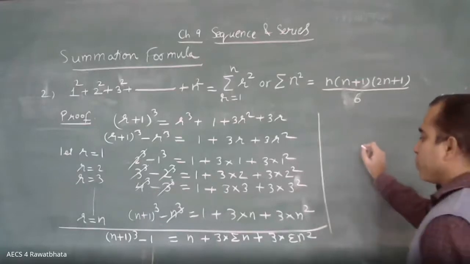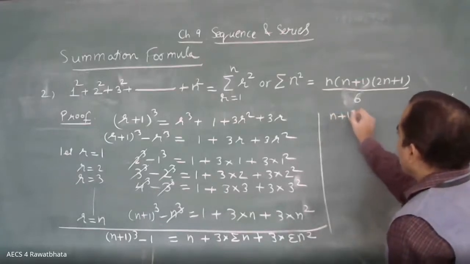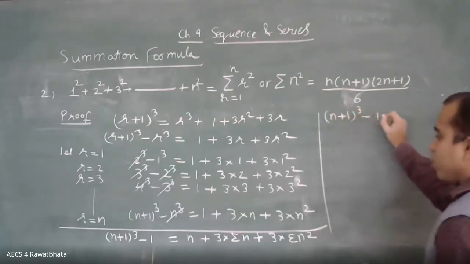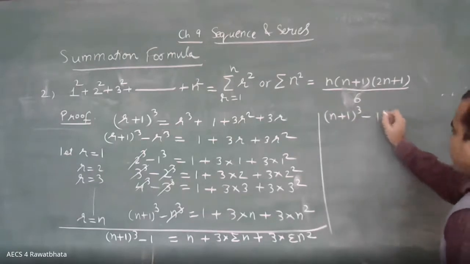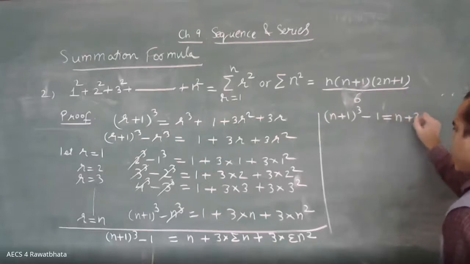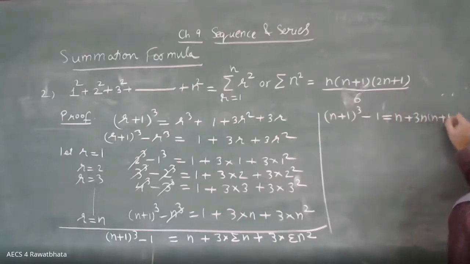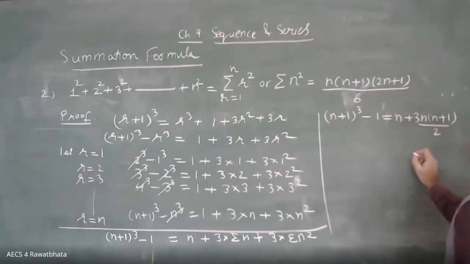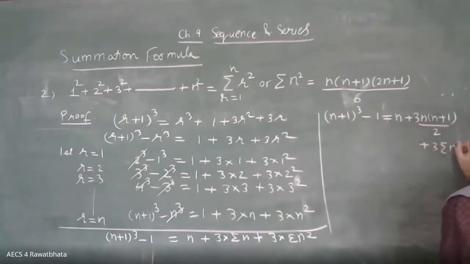This will become n plus 1 whole cube minus 1 equals n plus 3n into n plus 1 whole upon 2, then plus 3 summation n square.